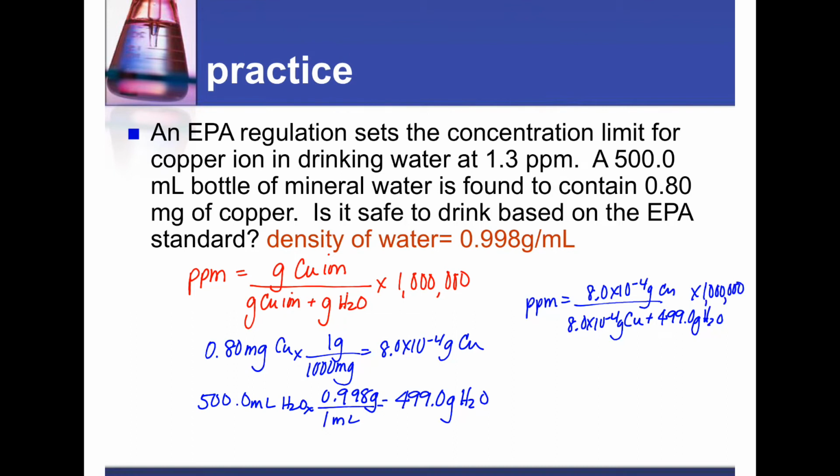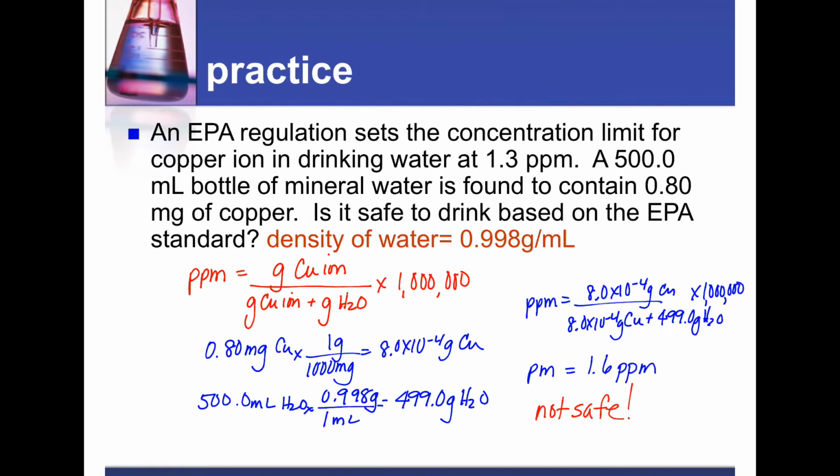That, and I got for parts per million 1.6 parts per million. And when I compare that 1.6 to the 1.3 that's safe to drink, it's higher than the 1.3, so I would say that that is not safe.